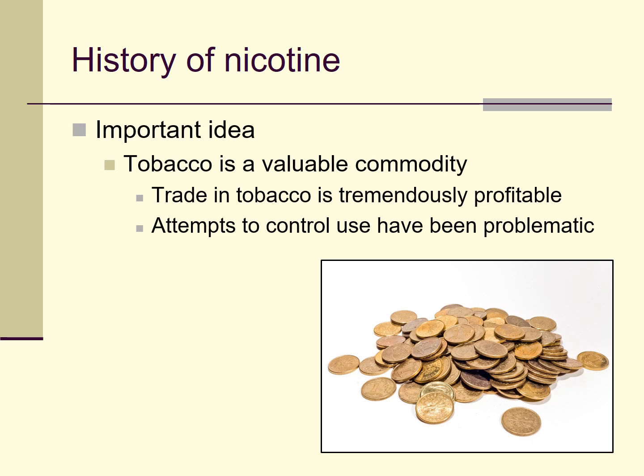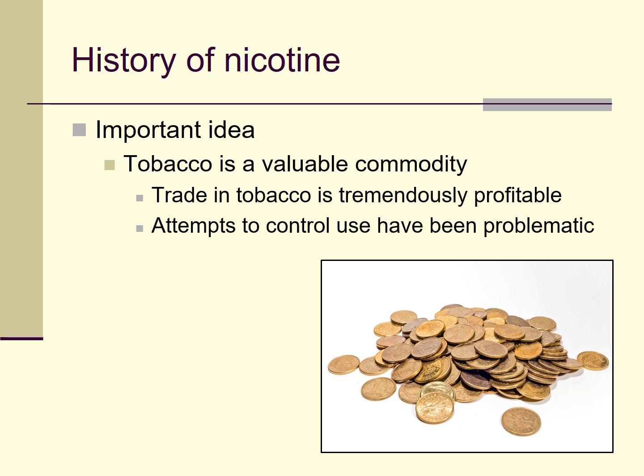Anyway, the important idea I'd like to get to here is that tobacco has a long history, and that's true of really many or almost all of the drugs that we're going to talk about in this class. It's also worth noting that tobacco was and is a valuable commodity. If you can control the trade in tobacco, you can make an enormous amount of money.